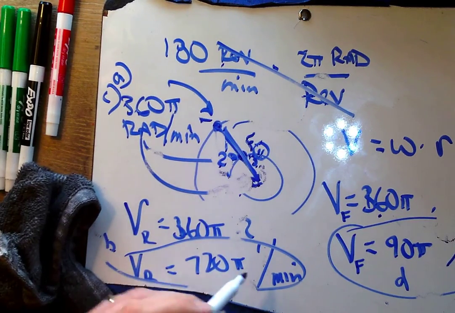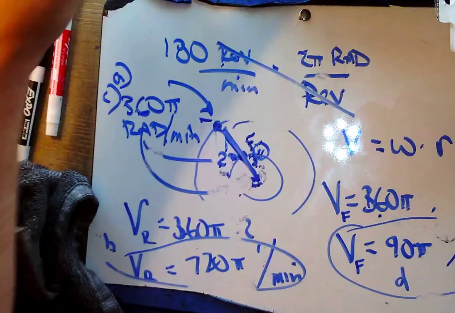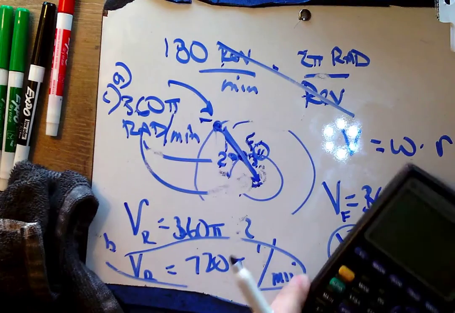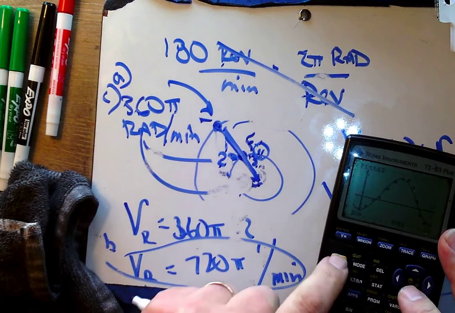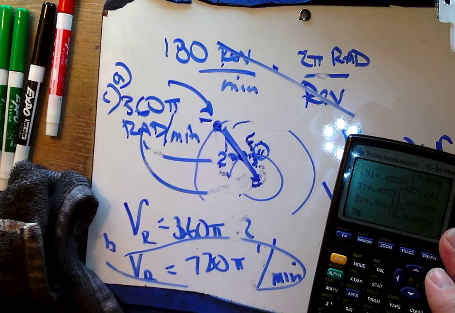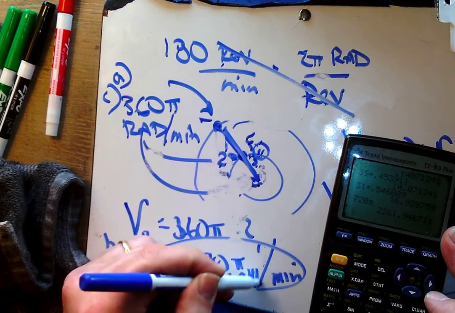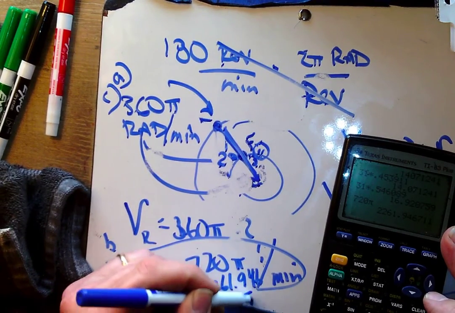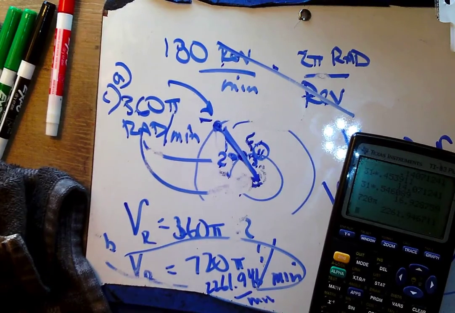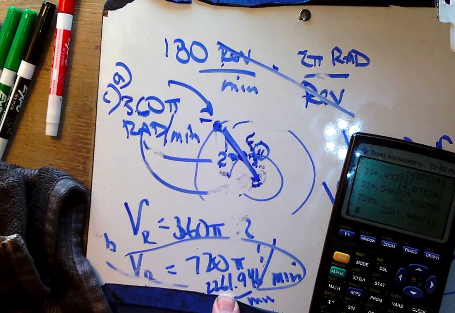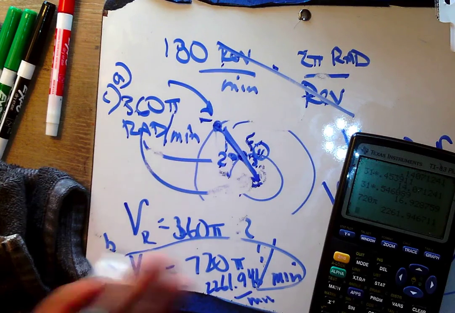And so, I would say that in these word problem situations, it might be okay to say 720 pi is going to be 2261.946 feet per minute. Because my mom will have a better sense of this than she will with that pi sitting in there. I'll take either answer.